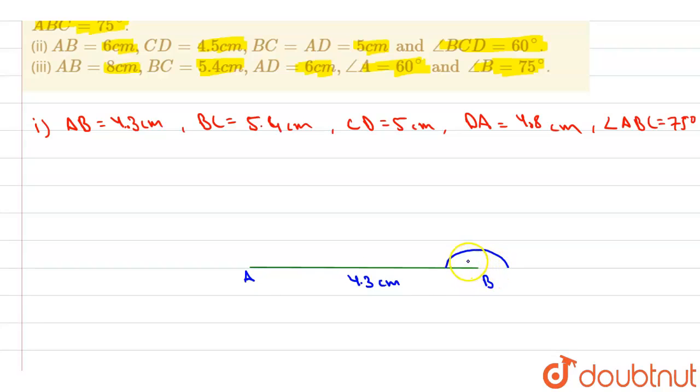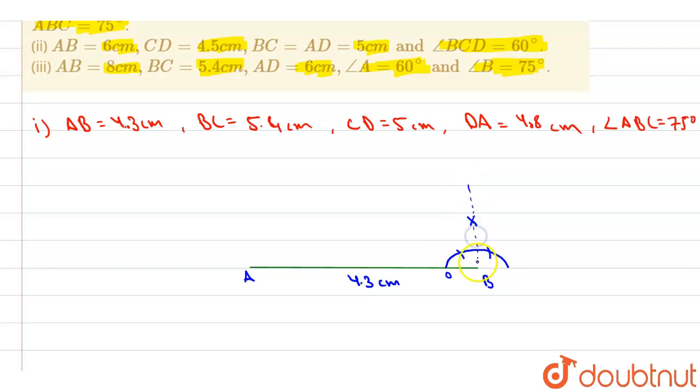Let's suppose this is some measure, make a simple arc from the point B and measure from here to here. Let's suppose this is O, A to O, cut an arc here and cut another arc here. From these cut arcs, cut an arc above from the point of intersection.